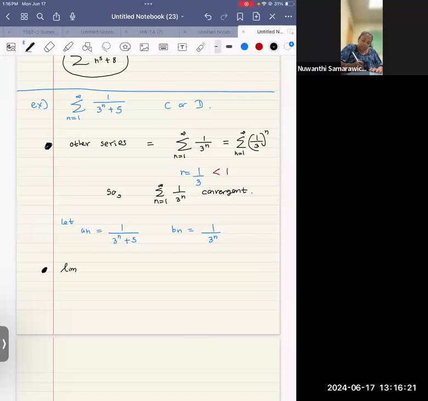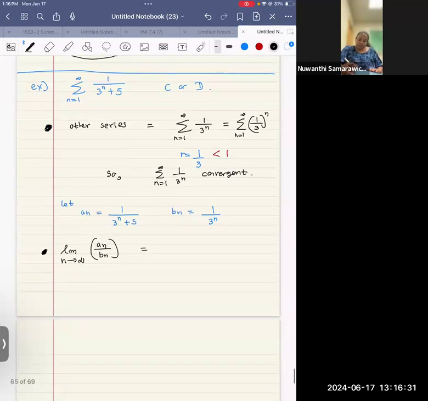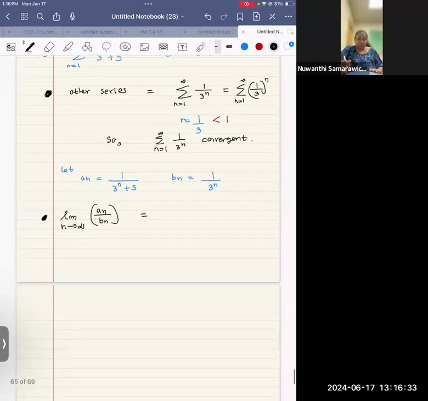The second step is to find, when n approaches infinity, what happens to the quotient. I'm going to write this as a sub n multiplied by 1 over b sub n.